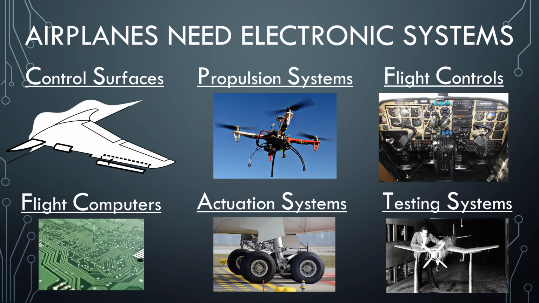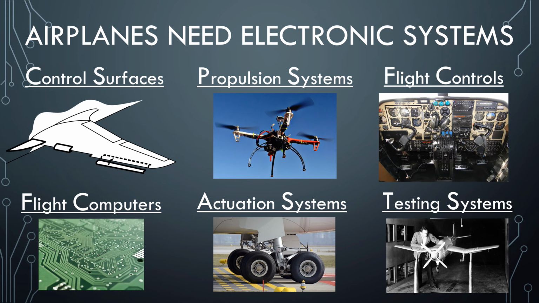For instance, you might have an electronic system controlling the control surfaces so that you are actually able to maneuver the aircraft. You could have propulsion systems where you need to control the speed of a propeller, the pitch of a propeller. You might need to control the valves that allow a certain amount of fuel into an engine.